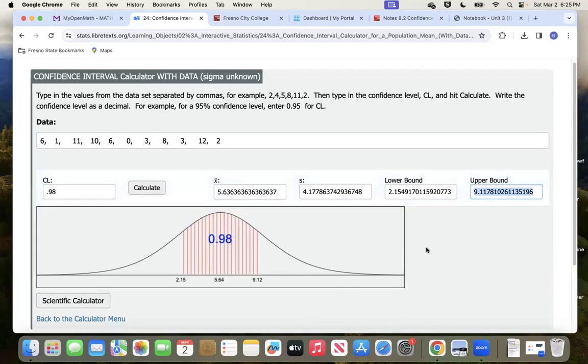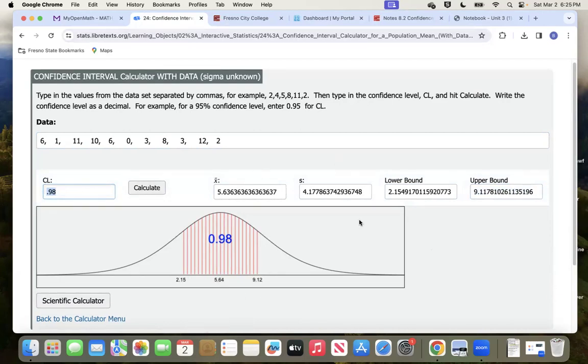So let's go back to the main screen. Again, this is the confidence interval for a mean with data. You just copy with Control or Command C, then paste with Control or Command V in here, put the commas in between, put in the confidence level over here as a decimal, and hit calculate.